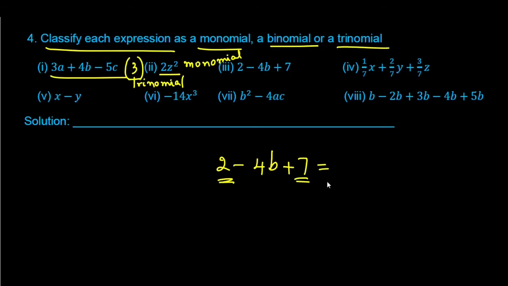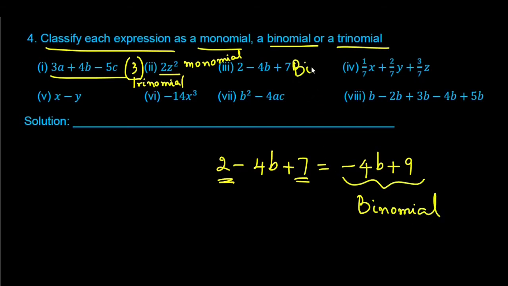Both are constants, so they can be combined and written as a single like term: minus 4b plus 9. Now we have only two unlike terms, so this is a binomial. We have to take the count of unlike terms only.